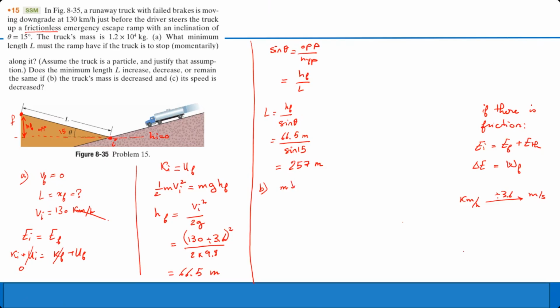I want you to take a look at our expression. I want to remind you how the mass canceled out everywhere all the way from the beginning. So the height depended on the initial speed only and the gravity. And later on, the length of the ramp itself depended on the height and the angle. So these are our factors. If the mass decreases, there will be no effect.